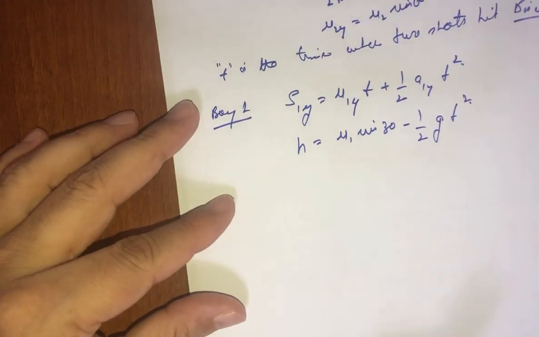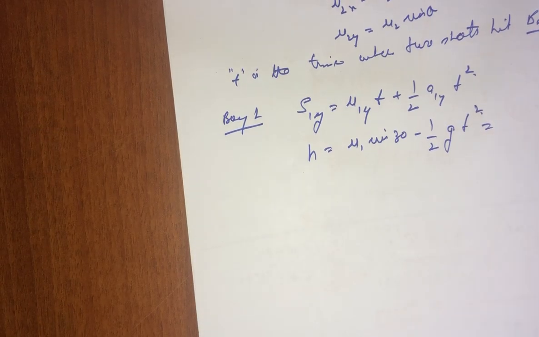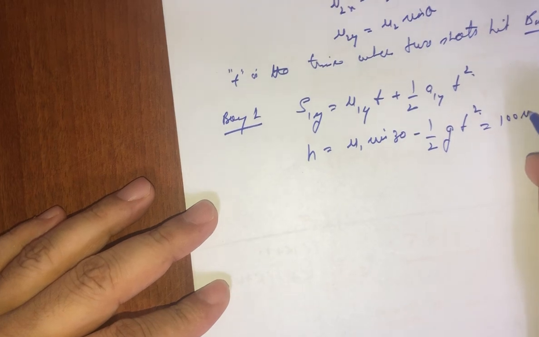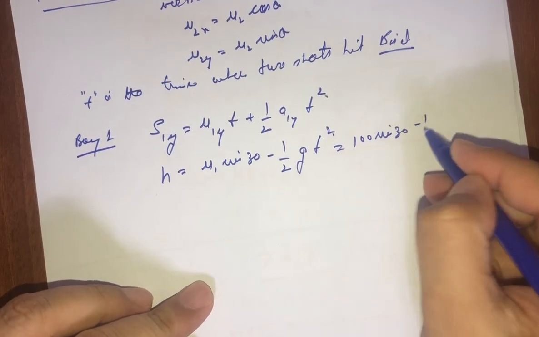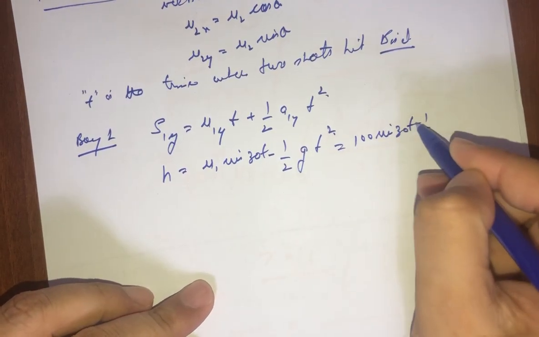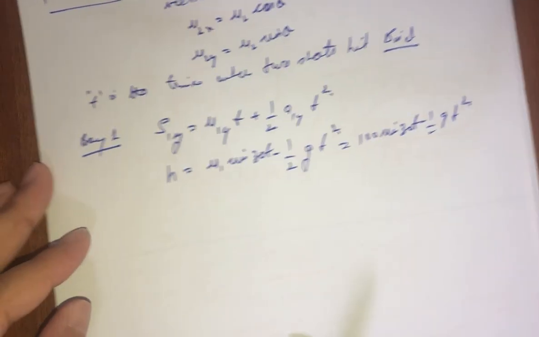Now we already know the value of u1, so replacing u1, which is given as 100, this will be h is equal to 100 sin 30 multiplied by t minus half g t square.